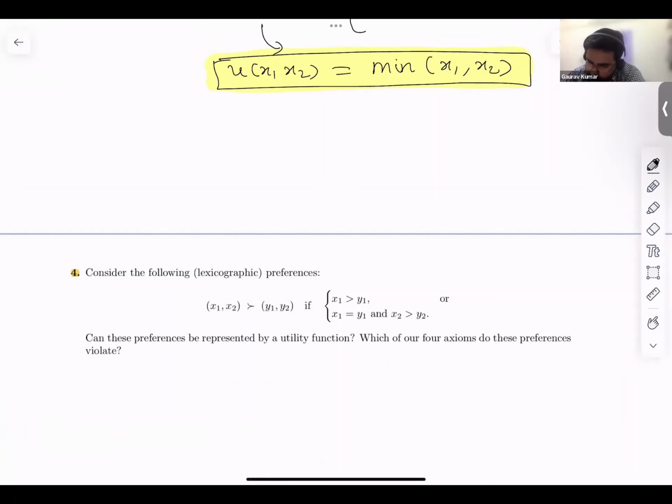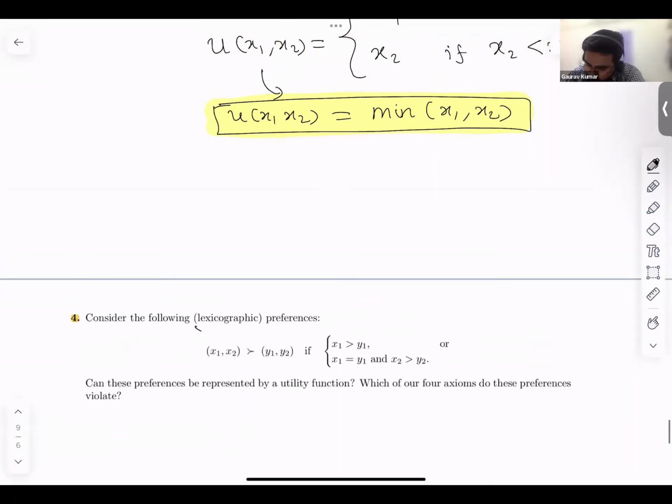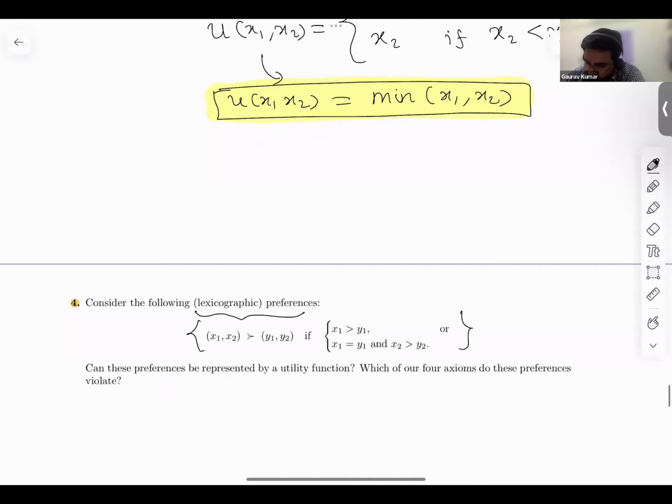The question says that in a lexicographic preference structure, this is what happens when there are two bundles. Let me go into detail.